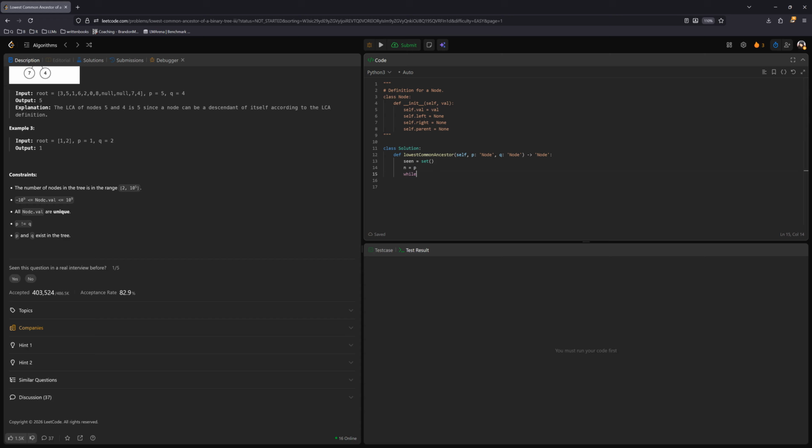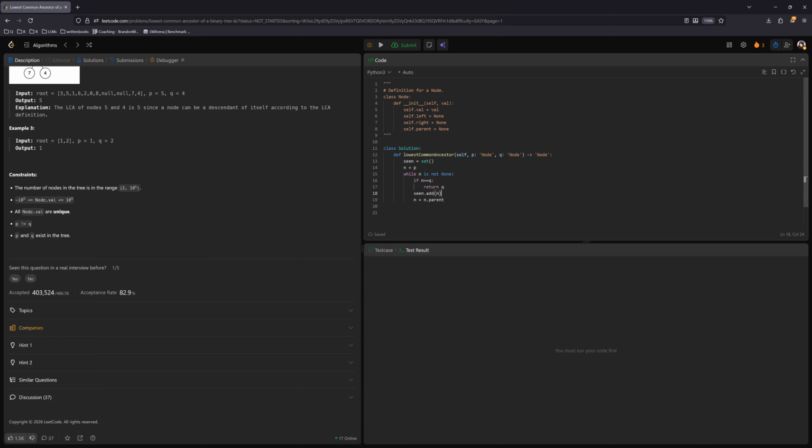Now, while n is not none, n equals n dot parent, and we're going to say seen dot add n, and then we're going to say if n equals q, then return q, because I mean, just obviously if we hit it, then it's the lowest common ancestor.